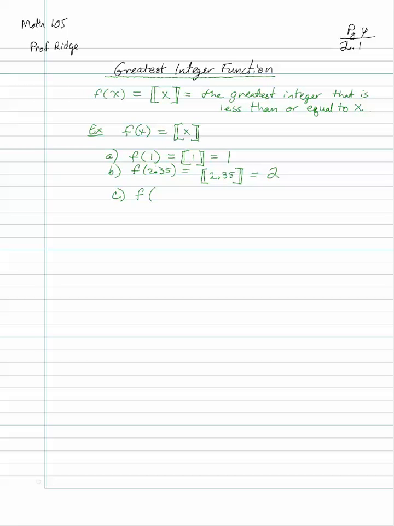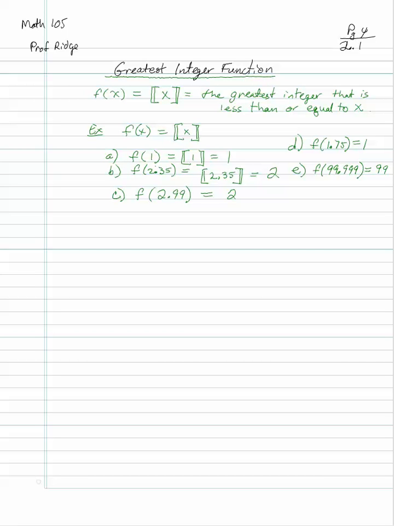You're not rounding. 2.99, the greatest integer of that is still 2. 1.75, the greatest integer is 1. f of 99.999 is not 100. You're not rounding. You're taking the greatest integer that's less than or equal to 99.999. So that would be 99.